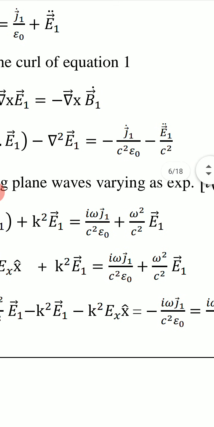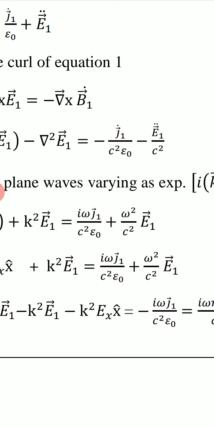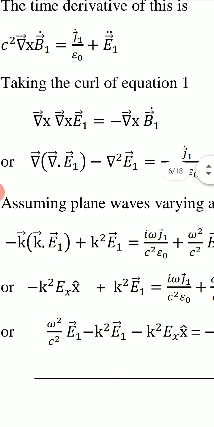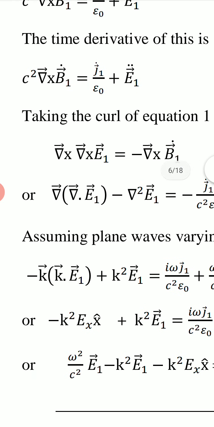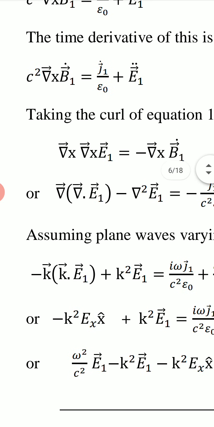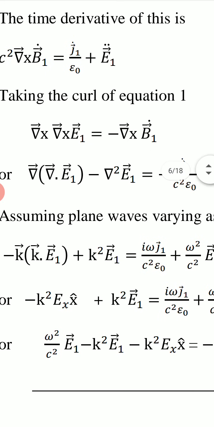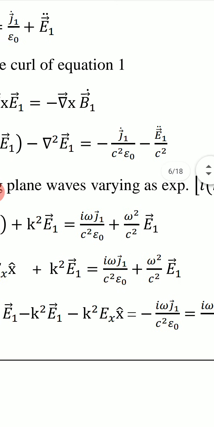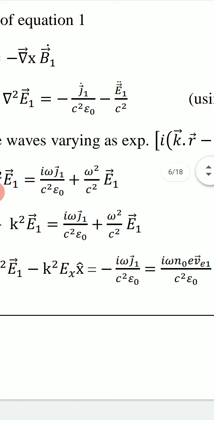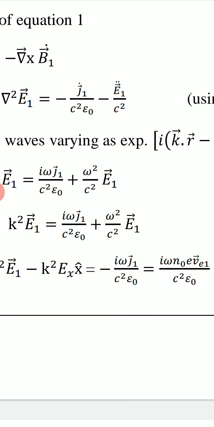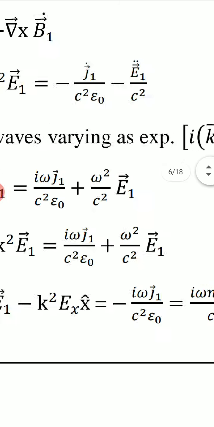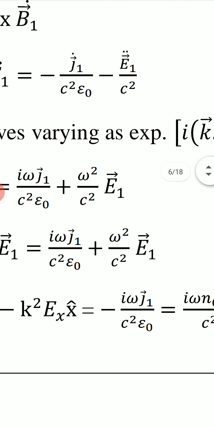And in the right hand side we have minus del cross B1 dot, putting in its value from the previous equation and dividing by c square: minus J1 dot upon c square epsilon 0 minus E1 double dot upon c square.